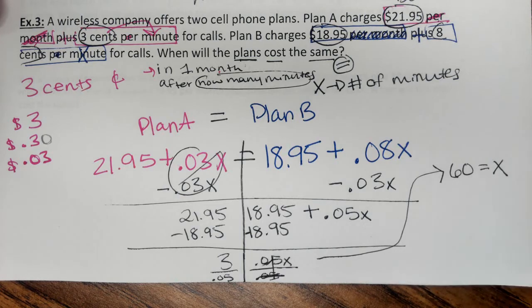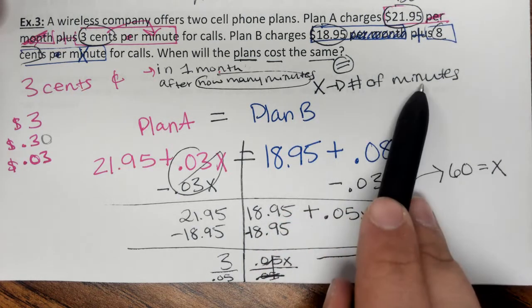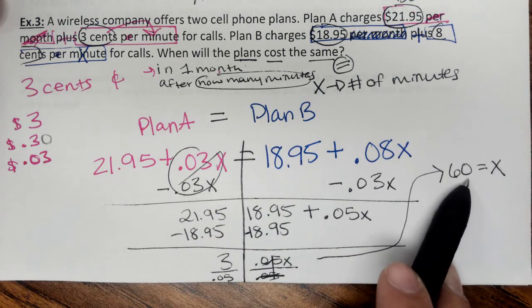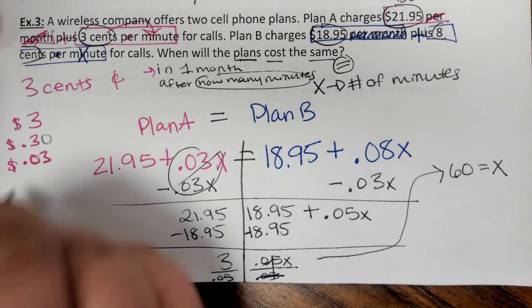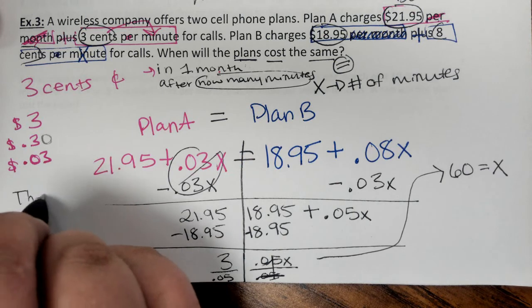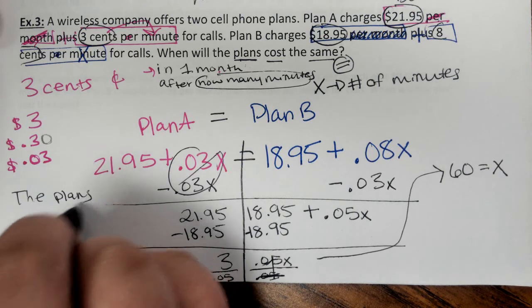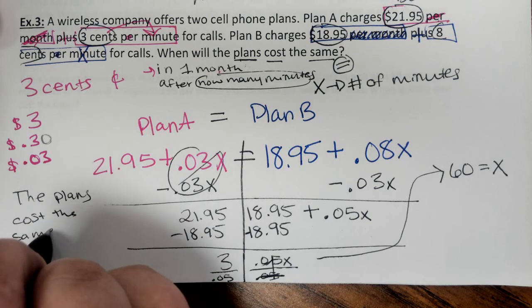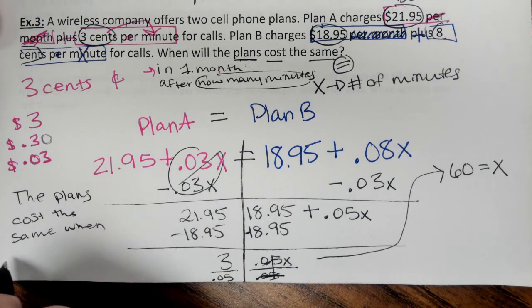So 60 is equal to x. X tells us the number of minutes. So plan A and plan B cost the same when you talk on the phone for 60 minutes. The plans cost the same when you use 60 minutes.